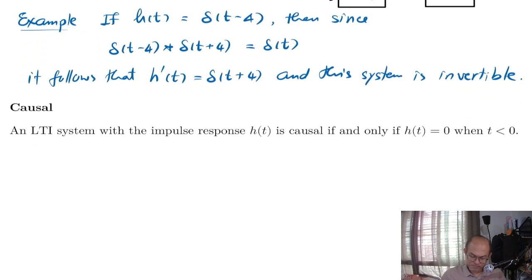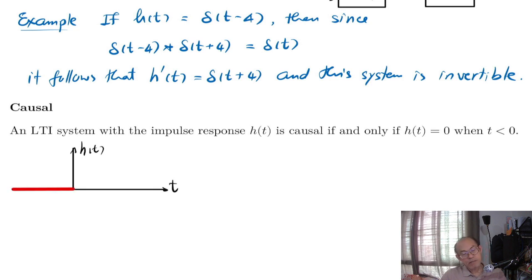Now causal. An LTI system with the impulse response h is causal if and only if the impulse response is 0 when time is negative. So if you plot the impulse response and you notice that the impulse response is 0 here, it has to be 0.